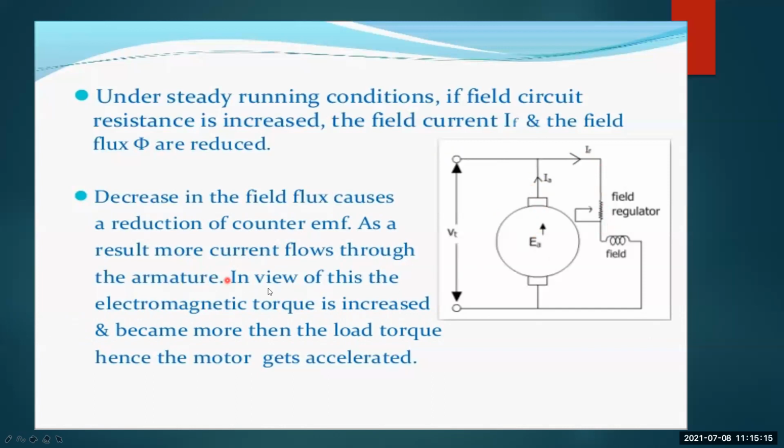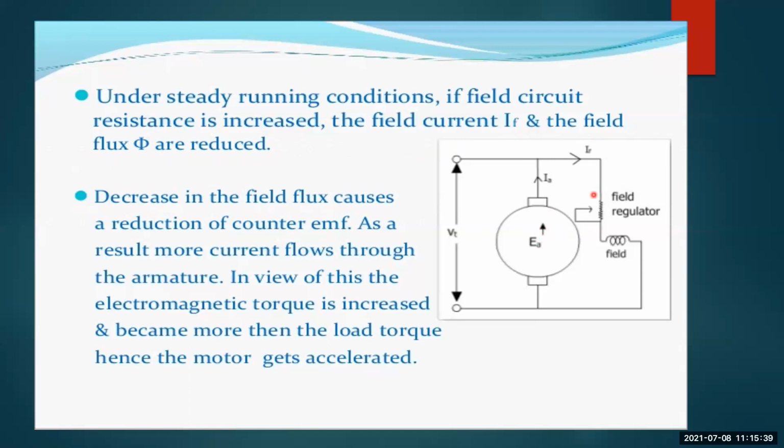Okay, so in view of this, the electromagnetic torque is increasing and becomes more than the load torque, hence the motor gets accelerated. If you are decreasing the field flux of a DC shunt motor, then the armature current increases, the torque developed on the motor increases, and the motor gets accelerated.